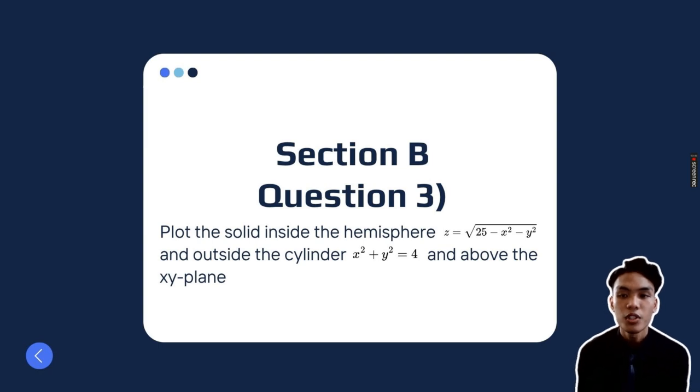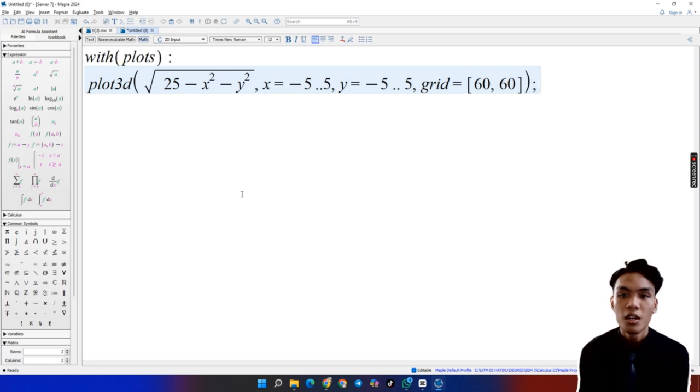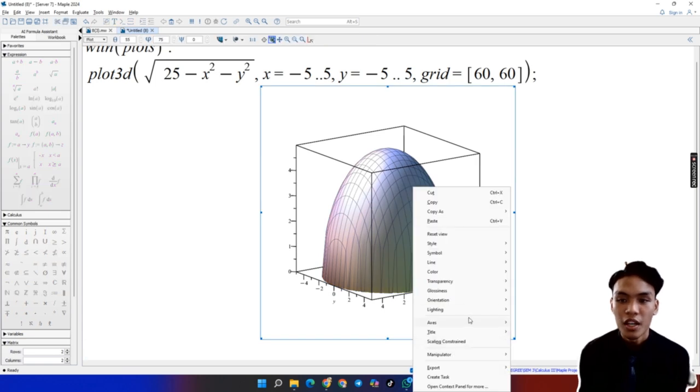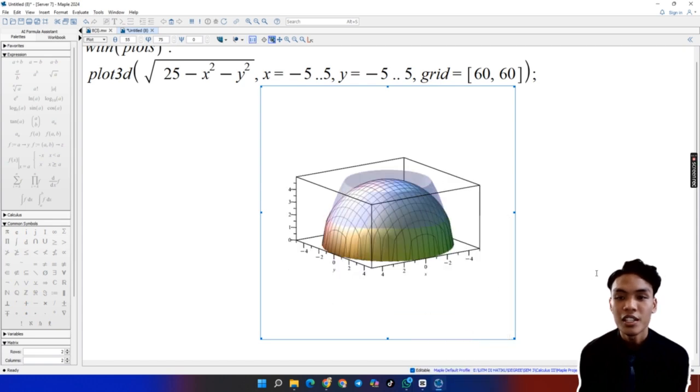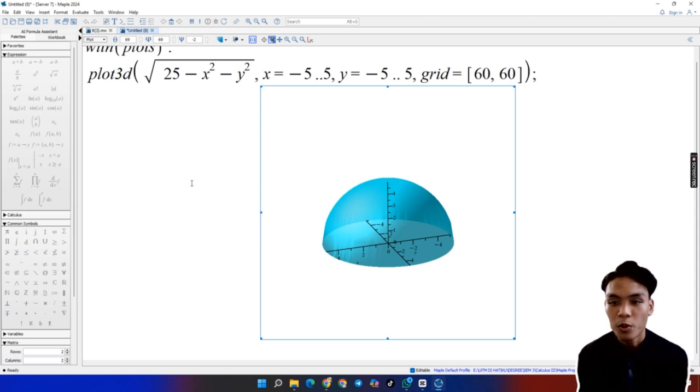Next, let's plot the solid, which is the sphere, inside the hemisphere but outside the cylinder. By using the same command, but for the hemisphere we use plot3d because the equation is not in implicit form. And I add a grid option to make the sphere become smoother, and use the scaling constraint to get the hemisphere shape more properly.